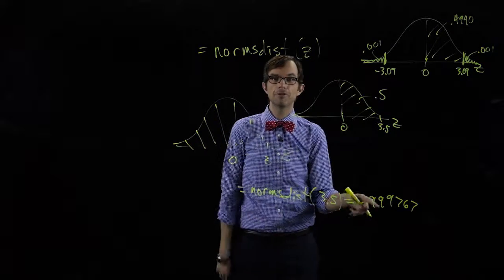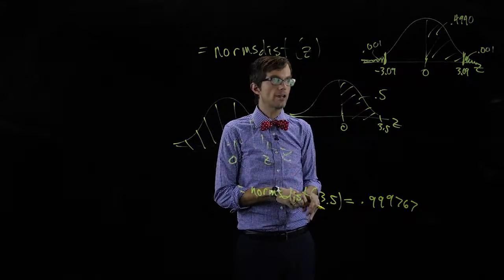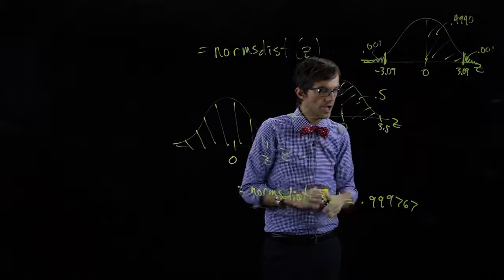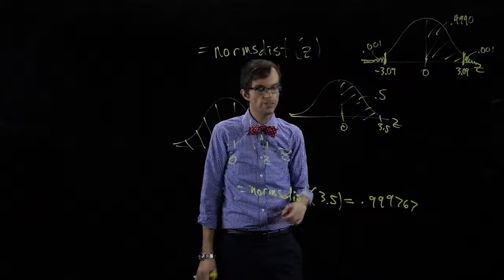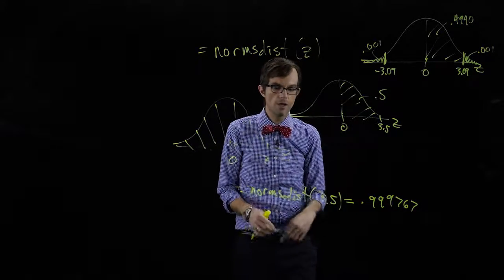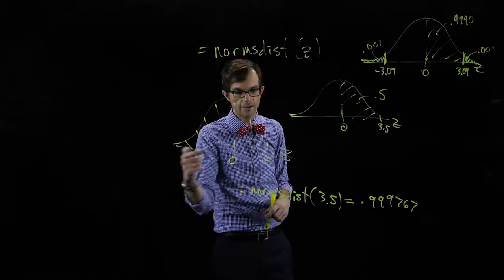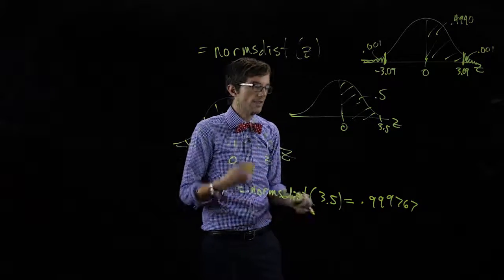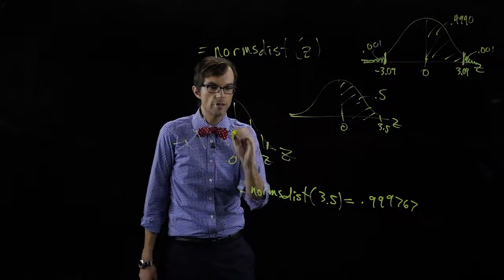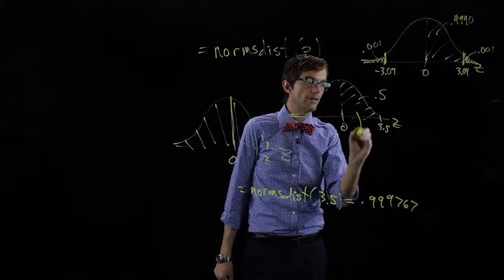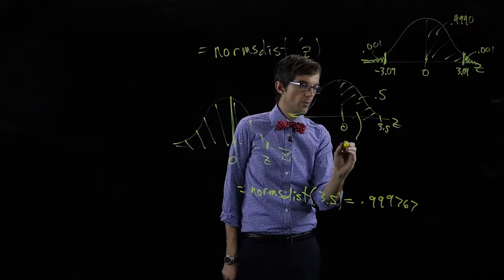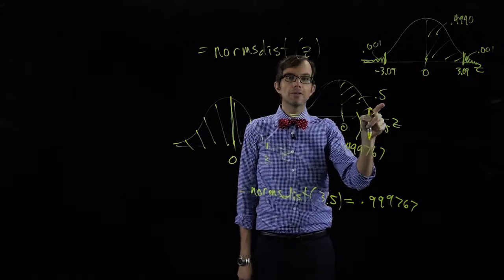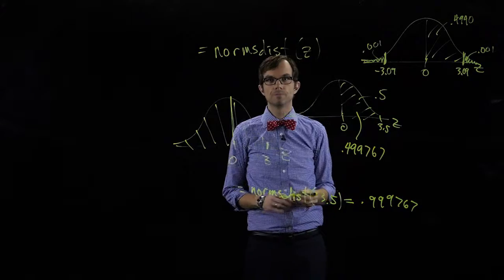That's close to 1, but it's not quite. 0.5 is a pretty good guess for this area, but it's not exact. So this would be a better estimate of the area between negative infinity up to the value 3.5. That would suggest that this area right here would be 0.499767. Again, pretty close to 0.5, but not quite.